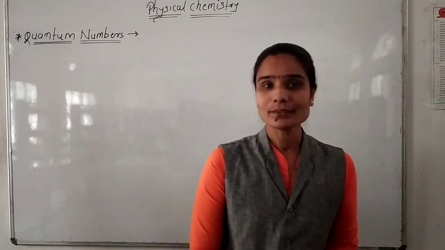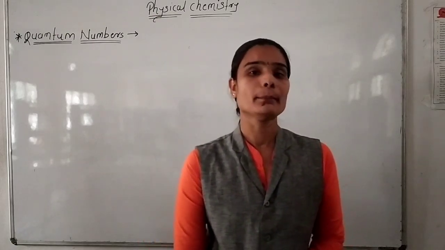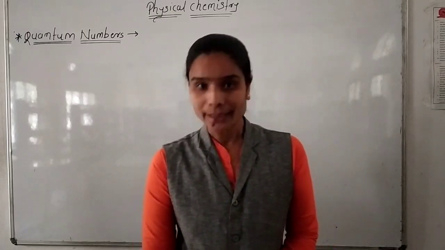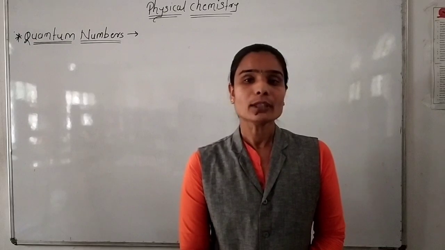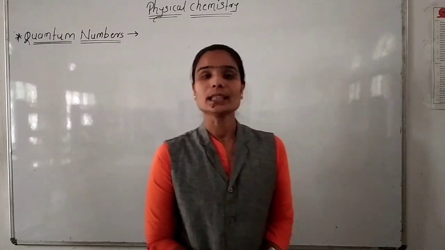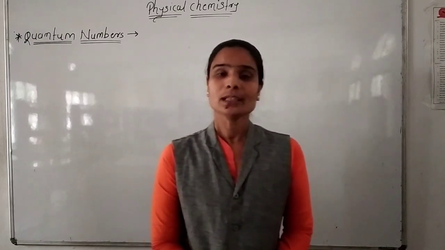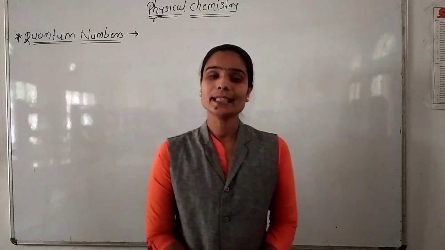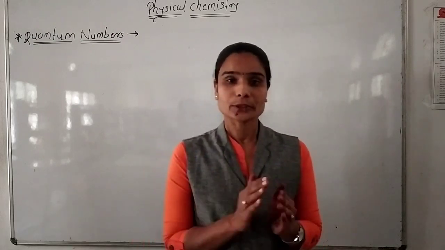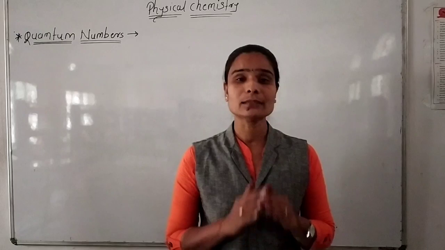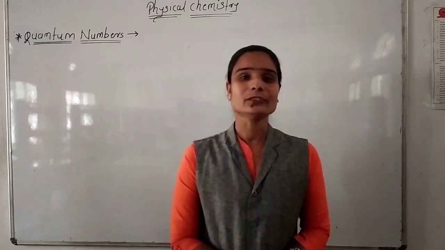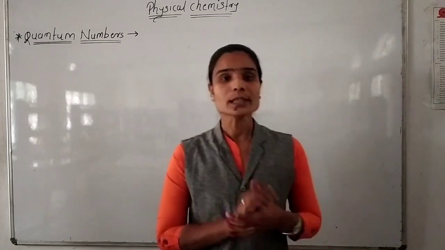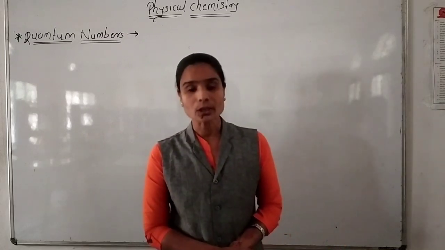And in the last lecture we saw the first two quantum numbers, that is the principal quantum number and the azimuthal quantum number. The principal quantum number gives the information about the main energy level or main shell of the electron present in the atom. That is, whether the electron is present in the first shell of the atom or second shell or third shell. All this information is given by the first quantum number, the principal quantum number.